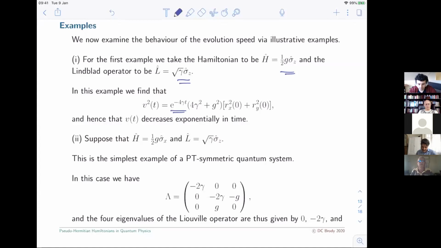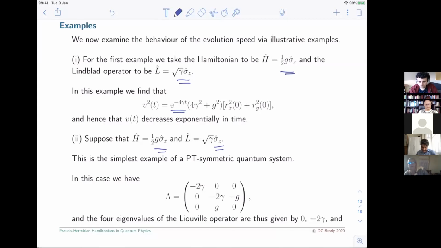That's not so interesting, but already something interesting happens if we look at the case where h is sigma x, but L is given by sigma z. So they don't commute, and we can think of this as perhaps the simplest PT symmetric open quantum system. The lambda matrix one can work out explicitly, and it's given by this matrix down here.